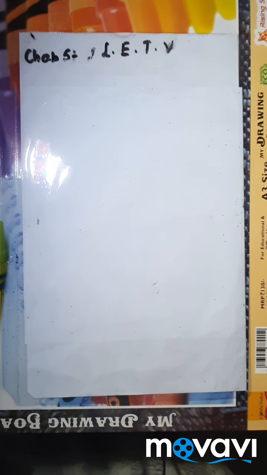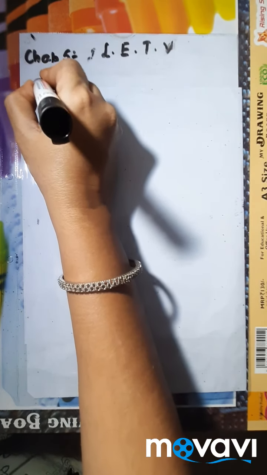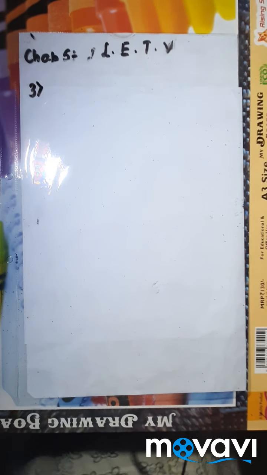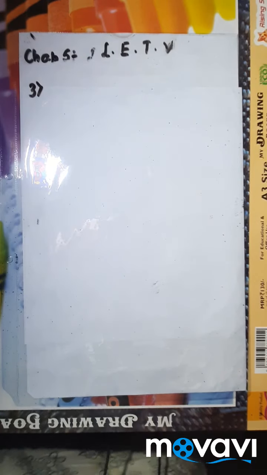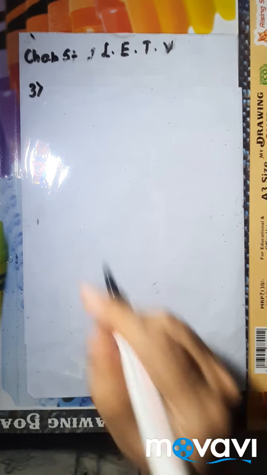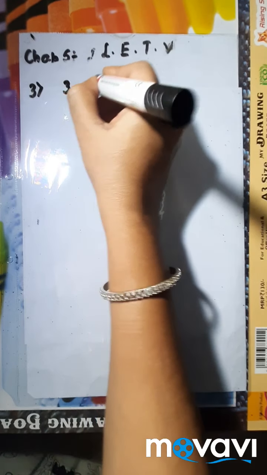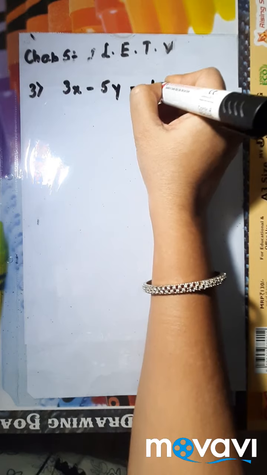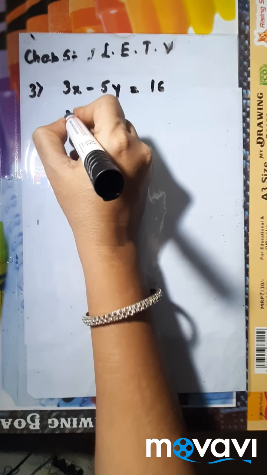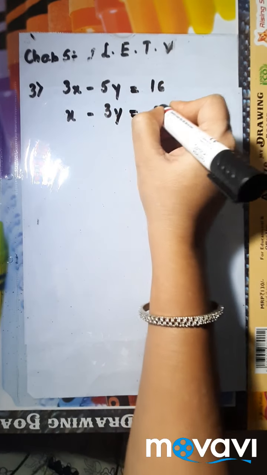Now we'll move to the third sum. Let's write the question down. The third sum is like this: 3x minus 5y is equal to 16 and x minus 3y is equal to 8.